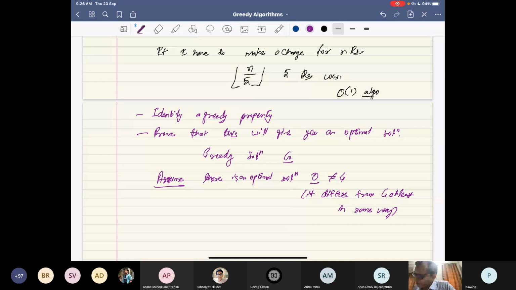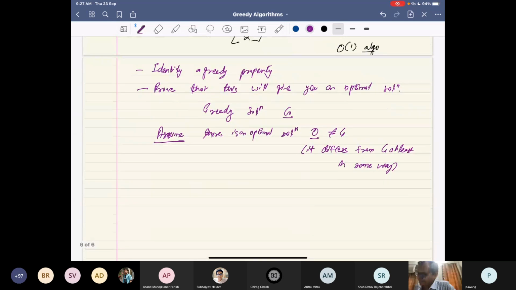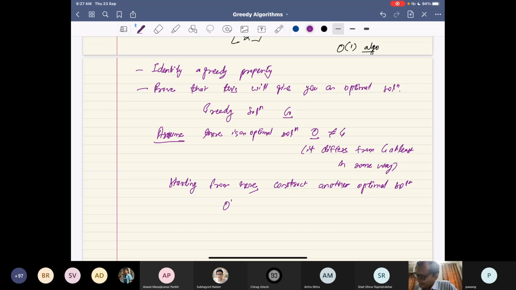So assume there is an optimal solution, and starting from here, construct another optimal solution O prime that is the same as G. Start from O, an optimal solution not the same as greedy, and say it differs from greedy in some way.